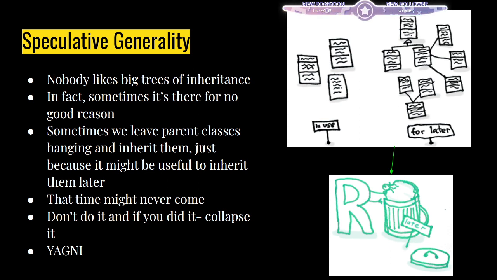We simply don't need it, and there are better alternatives, and we really don't need to have things just in case. So if we have things just in case, collapse the hierarchies into one or two level deep inheritance trees, ideally just one level deep.